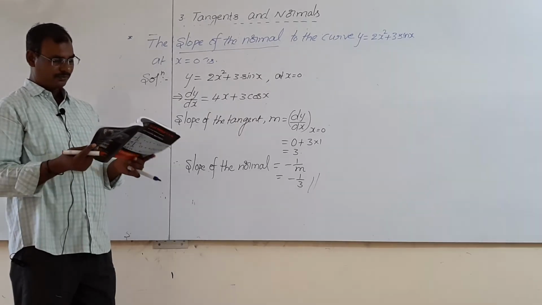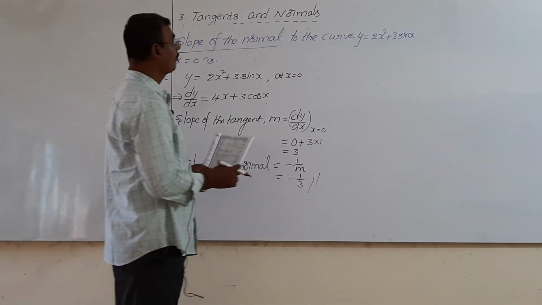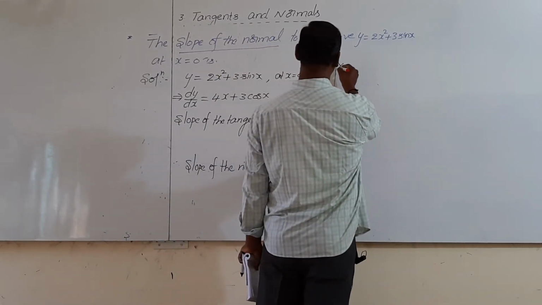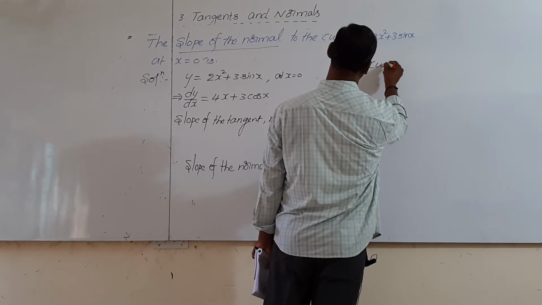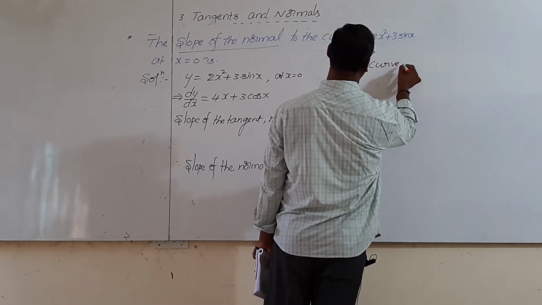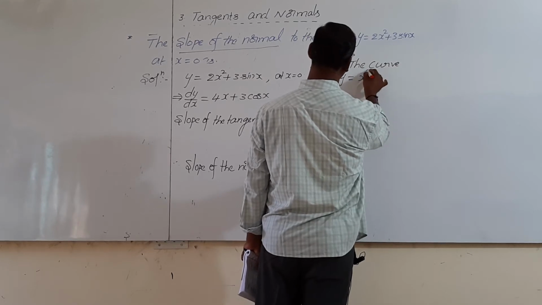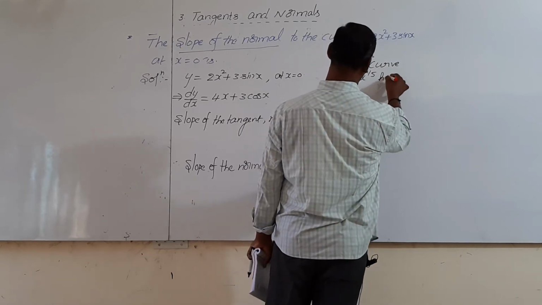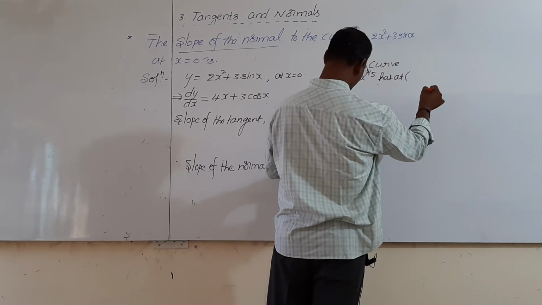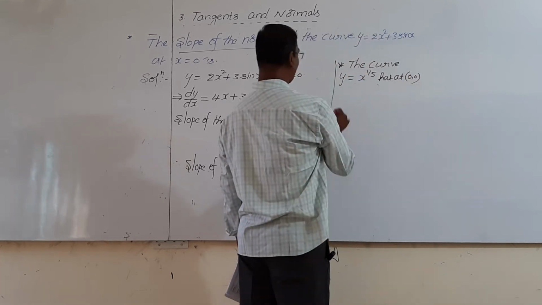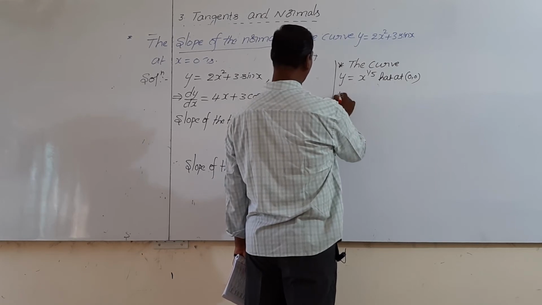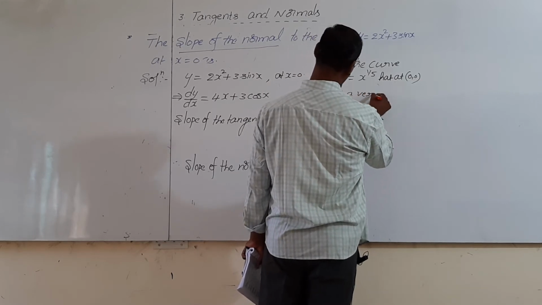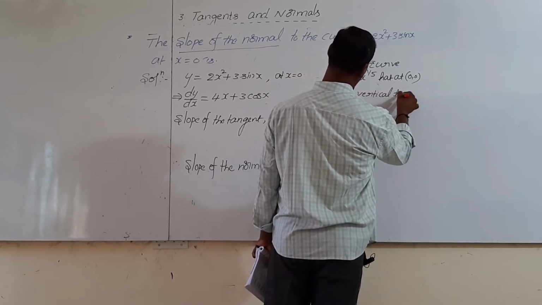So remaining here, for example, the question is asking, these are NCERT examples: the curve y is equal to x raised to 1 by 5 has at (0, 0) which of the following. Option 1, a vertical tangent.